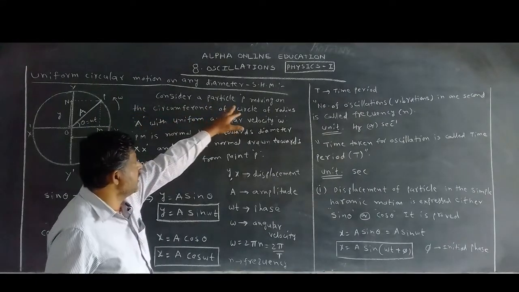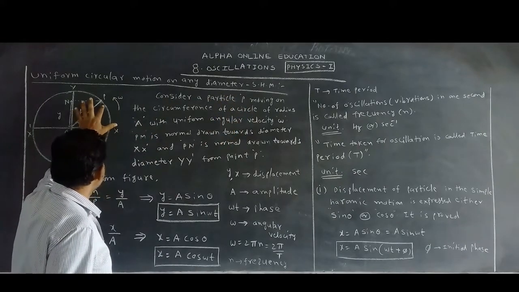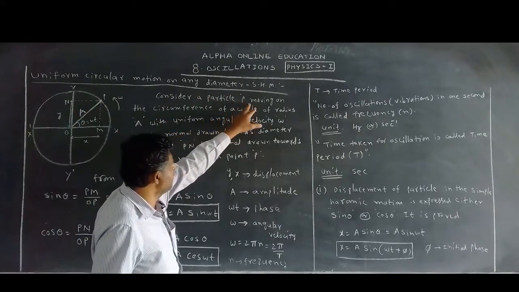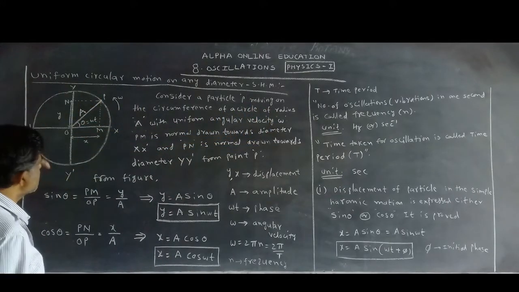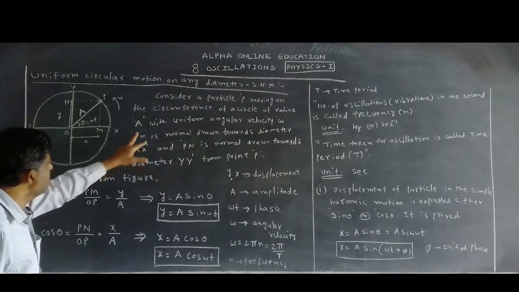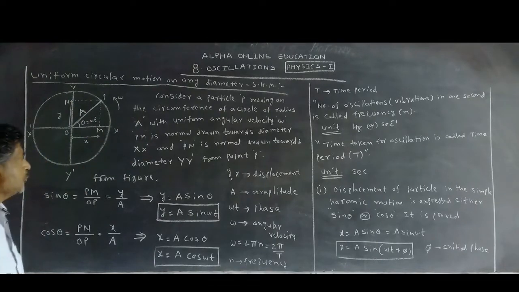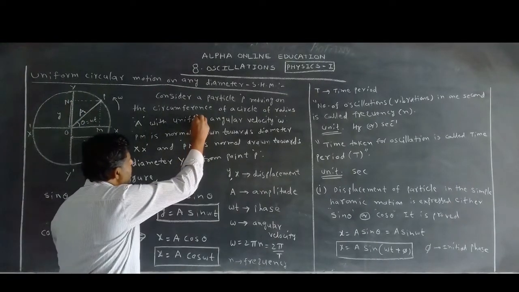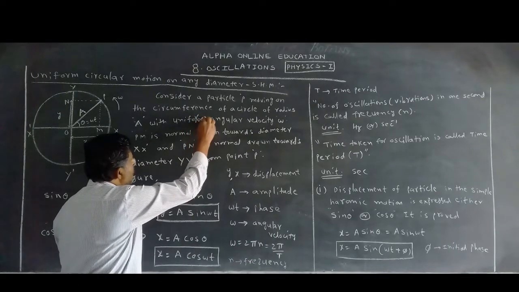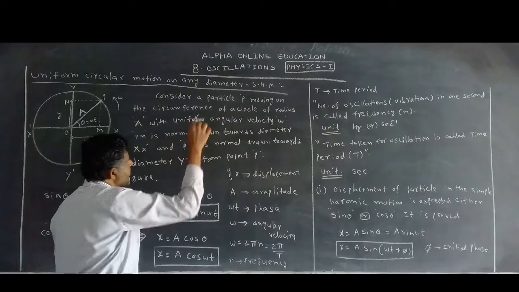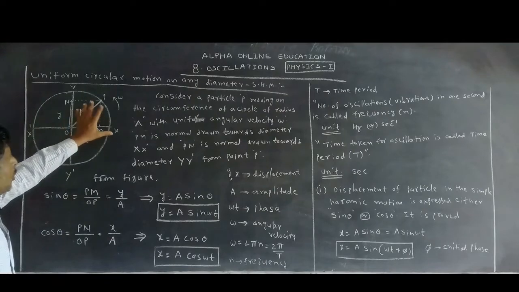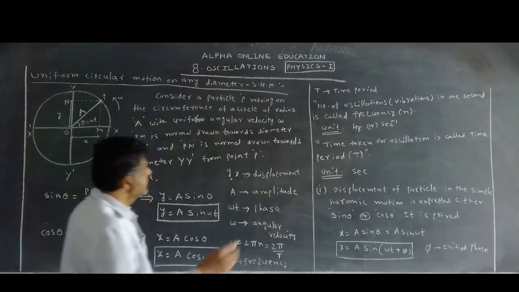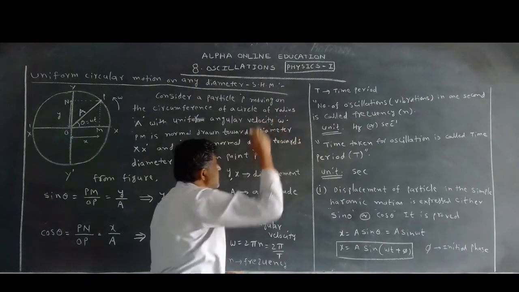Consider a particle P moving on the circumference of a circle of radius, how much the radius of the circle? Capital A, with uniform angular velocity omega. Okay? Up to here it is a full stop.